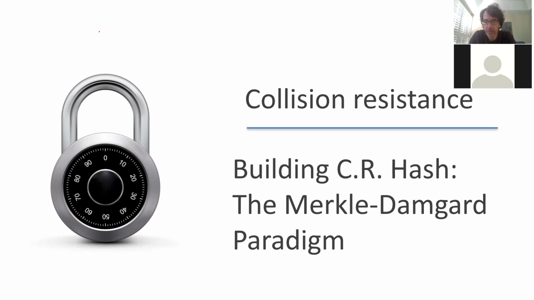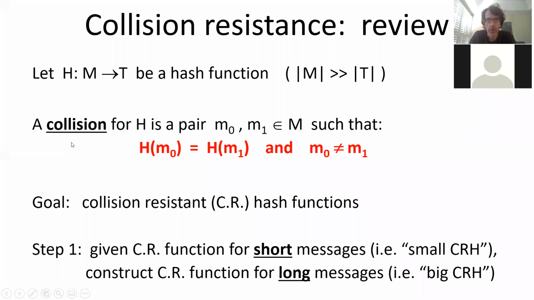So here is the Merkle-Damgård paradigm. As usual in cryptography, I'm not going to give you a construction from scratch, but let's say that we have a collision resistant function that can process short messages.